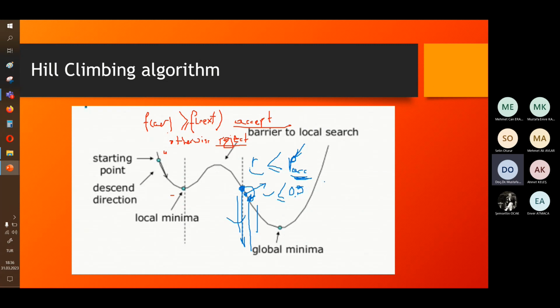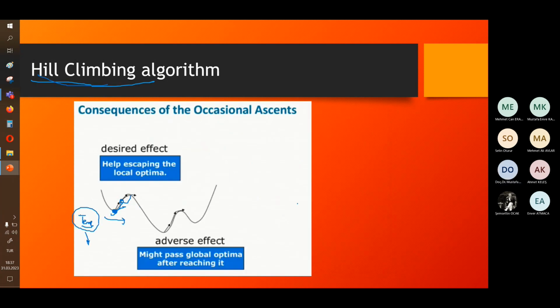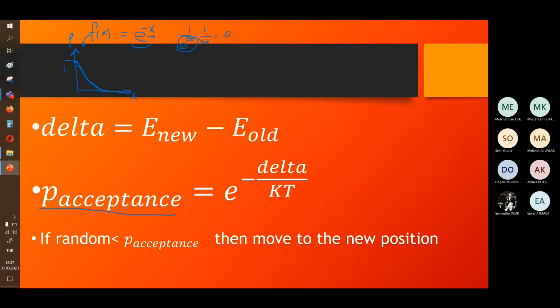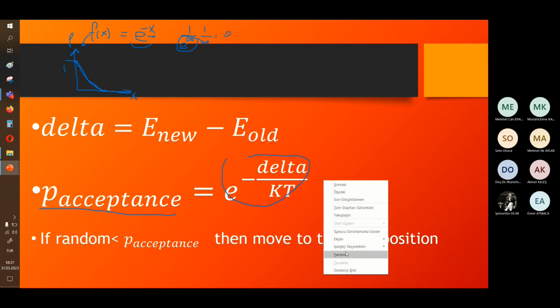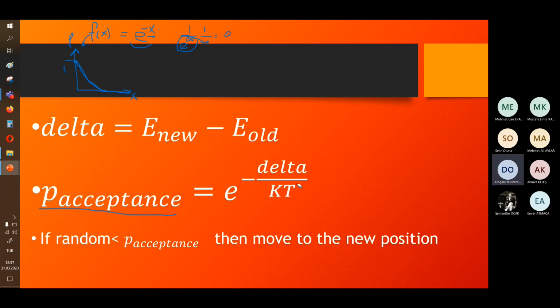Is that clear? So what we will introduce is a threshold value for whether to accept a bad one. But rather than using a constant value, with simulated annealing, we have a function to calculate the acceptance threshold, which is given as e power minus delta over K T. As I told you, T is the temperature.